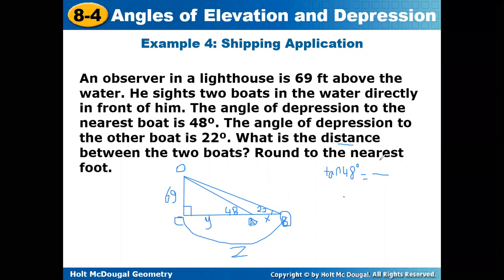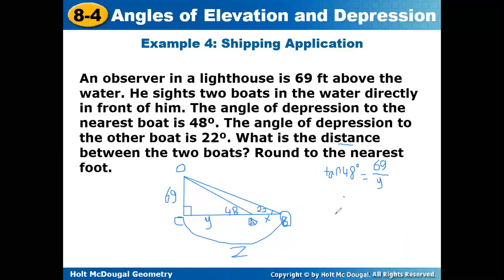So we write the opposite, 69, over the adjacent side or the adjacent leg, which is y. Okay, and to find y, we will divide this 69 by tan 48 like the previous example.